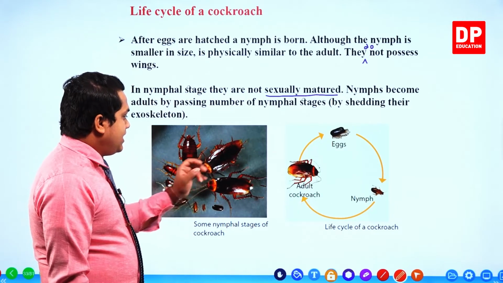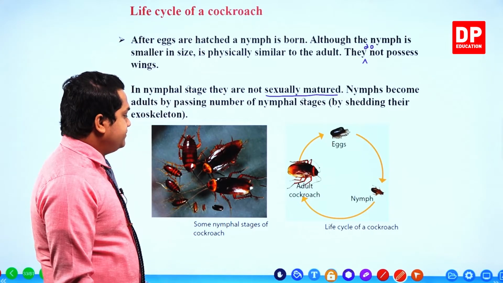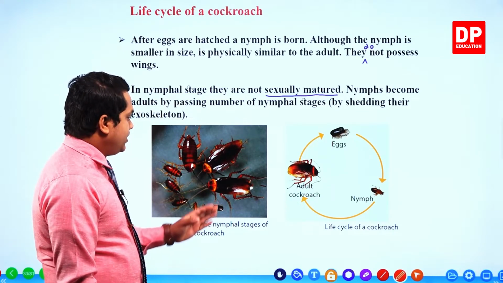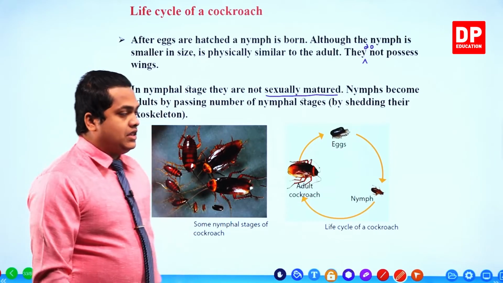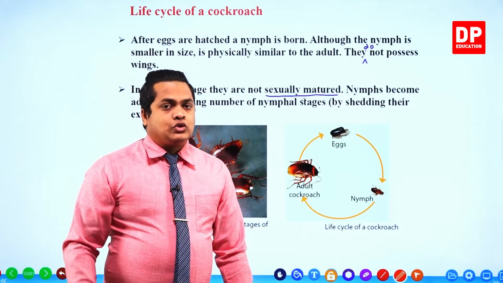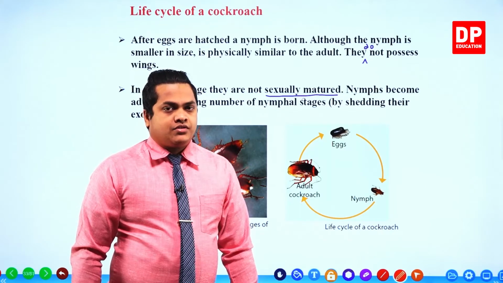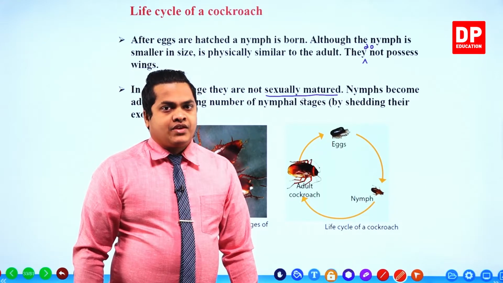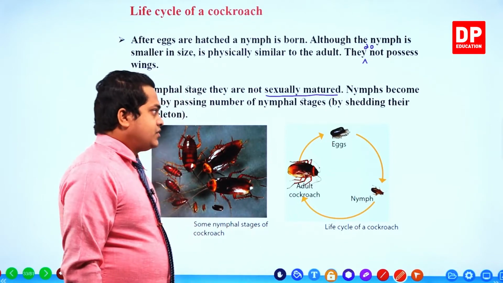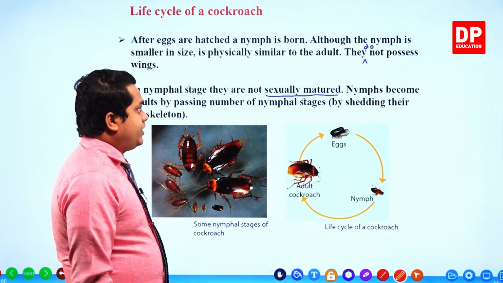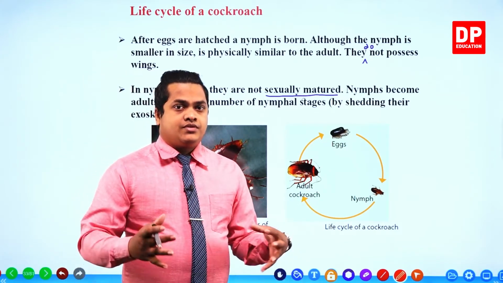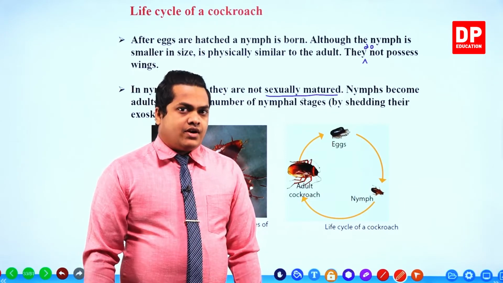Then that adult cockroach once again lays eggs in order to continue their life process. So this is how the life cycle of a cockroach works, my dear children. This is how cockroaches survive within our environment.